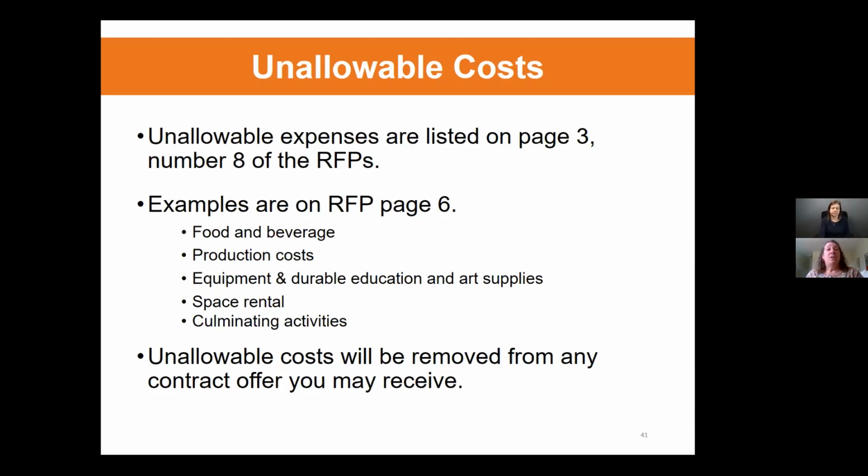This is also another place that you can list the supplies in the other category. If you have an unallowable expense that you want us to know about, make sure it's clear in the narrative that you're paying for it out of other money and include that money in the other amount column.